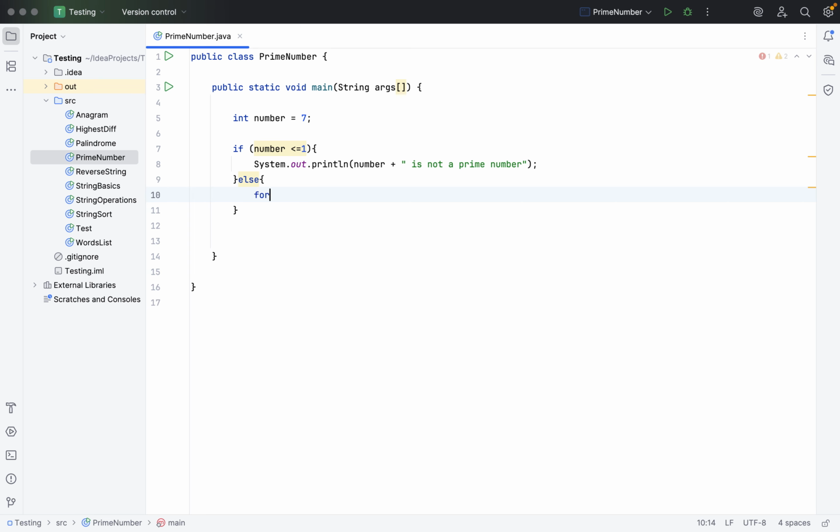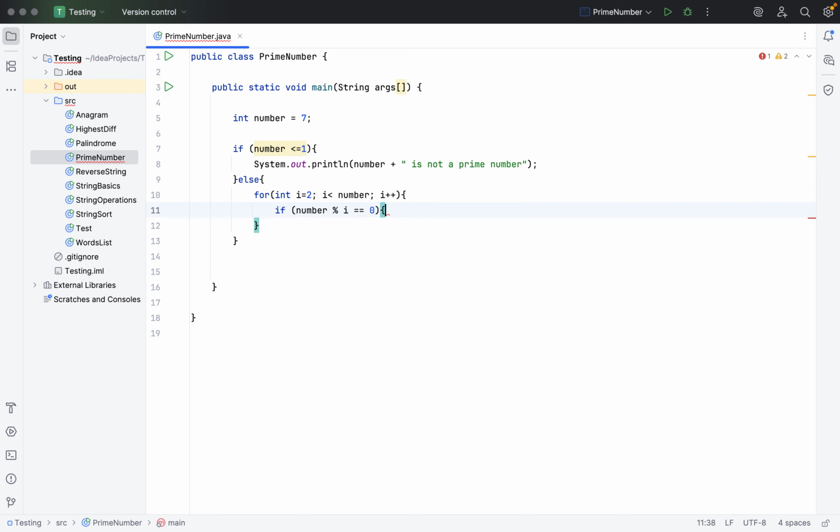So for that, let us loop: integer i is equal to 2, i less than the number, i plus plus. We will now use the modulus operator. If it is completely divisible, that is, the number is not giving any remainder when divided by i, the remainder should be 0.